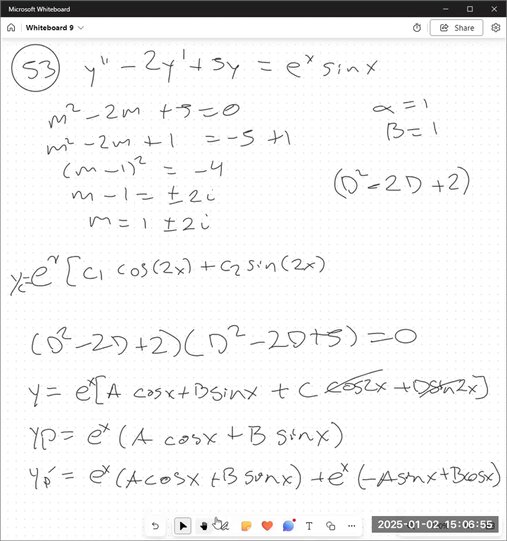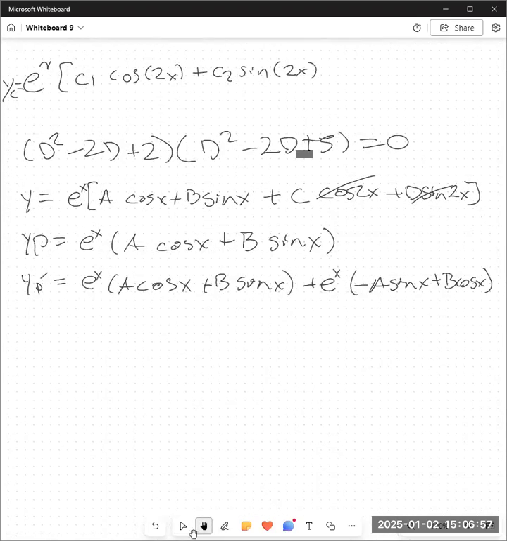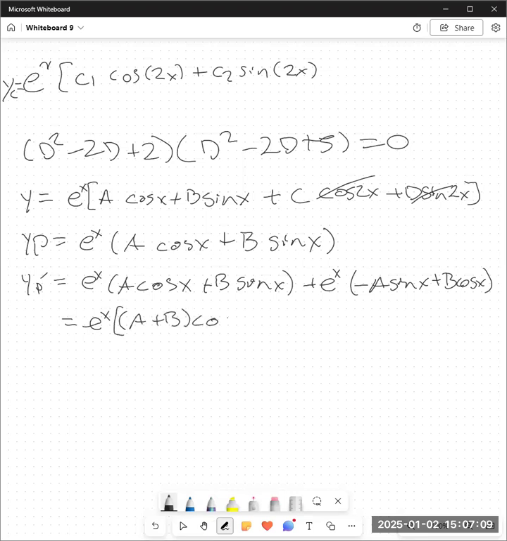Let's combine my like terms. It's going to be e to the x times a plus b cosine x plus b minus a sine x.